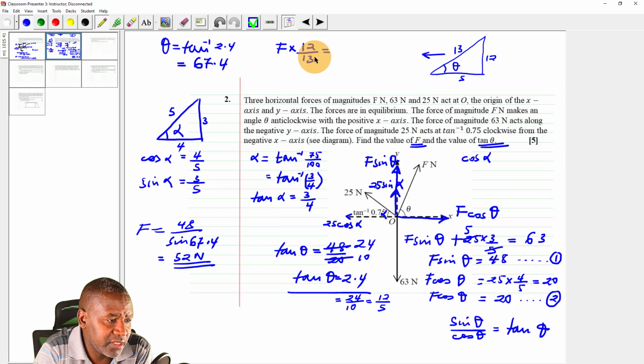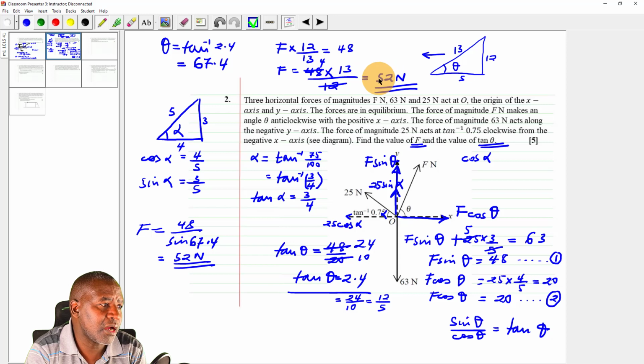And that one was giving us 48. So the value of F will be equal to 48 times 13 over 12. And you can see that 12 goes into 48 4 times, and you can see that will be 52 newtons. So you can see it cancels out so well, and this is what I was talking about.